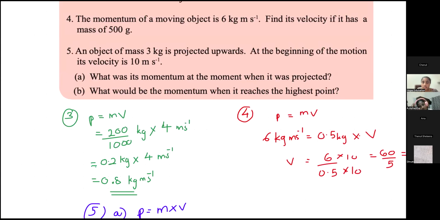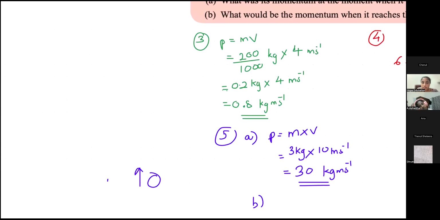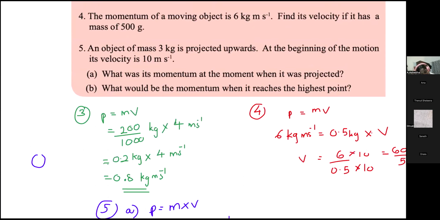Now we know when we project an object vertically upwards, at the beginning there has to be a velocity, otherwise it will fall down. No? So at some point will come a point where it's at the very top of the motion. Seneth, what did you get for B? Very good, correct.